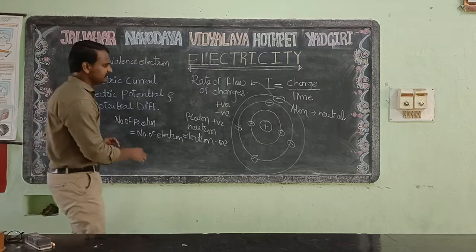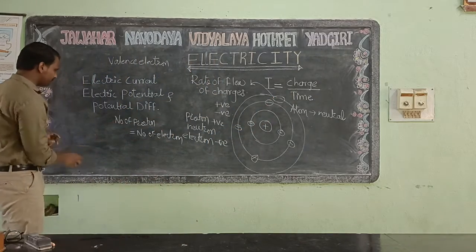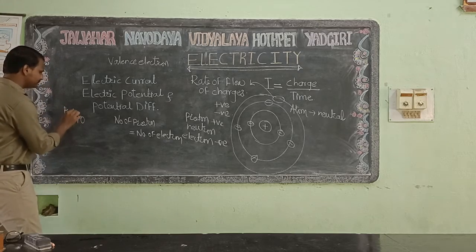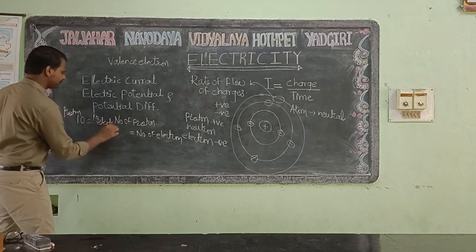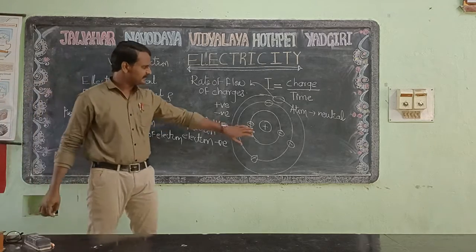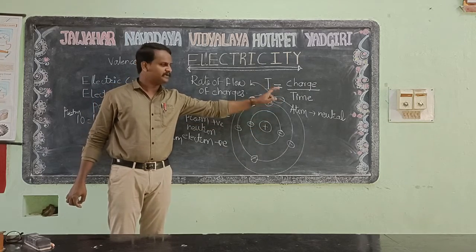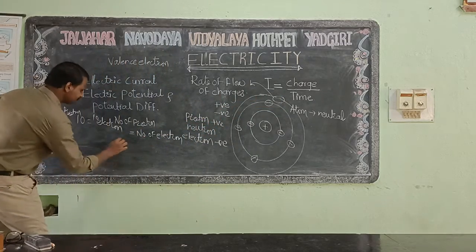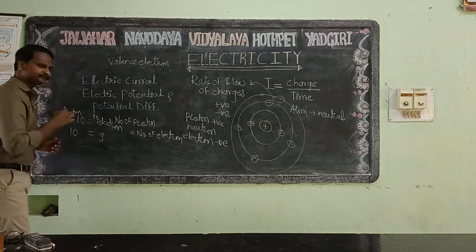Consider that there are 10 protons and 10 electrons to start with. By acquiring some energy, this valence electron jumps from this orbit to another orbit. Now the number of protons is 10, but the number of electrons is 9.